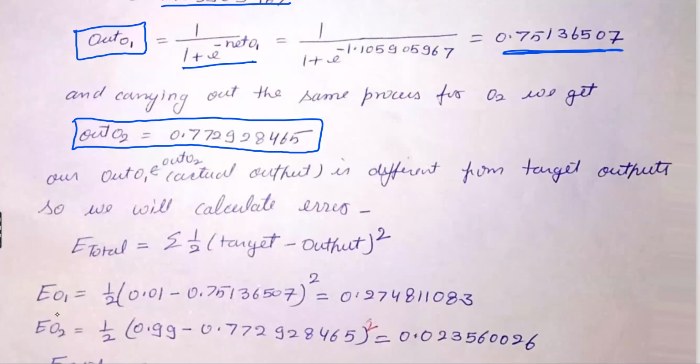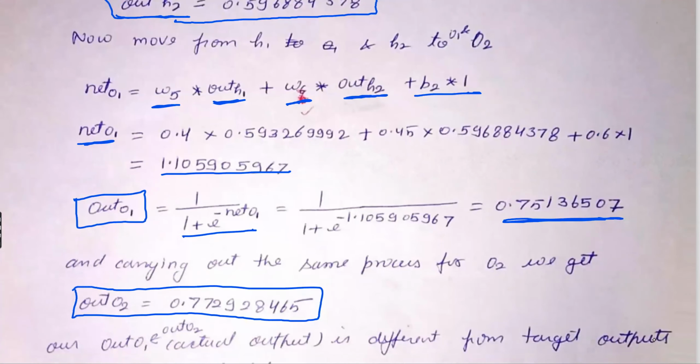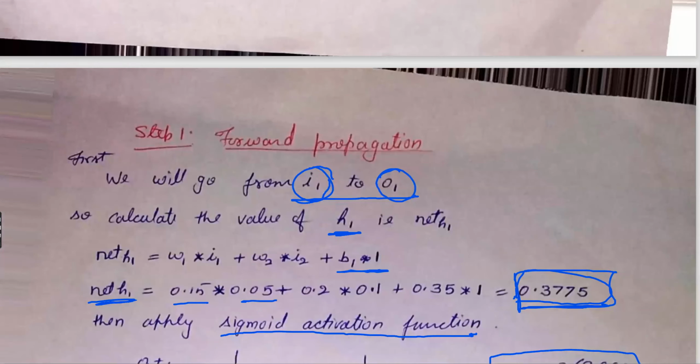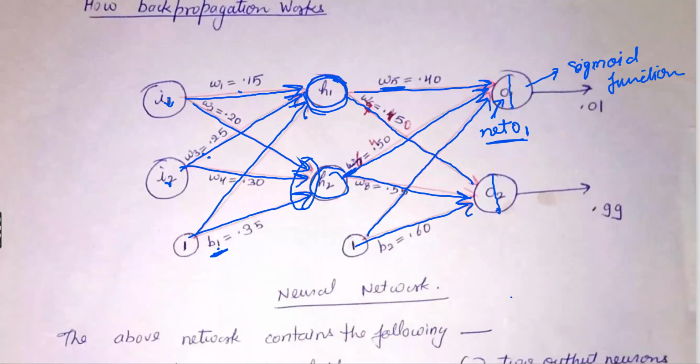Okay, so the target output, you can see in the diagram, for O1 was 0.01, and for O2 it was 0.99. This is our target output.